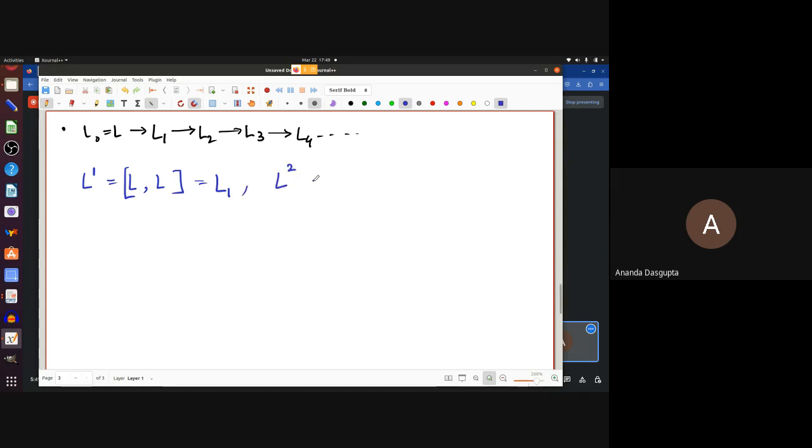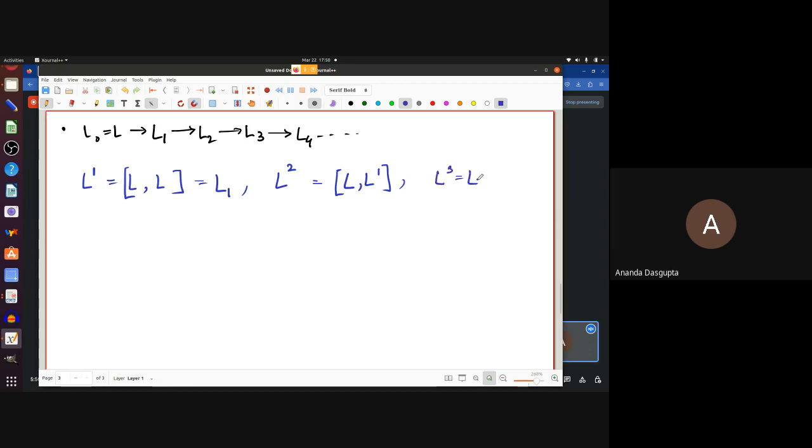L^2, L upper 2, is defined not as a bracket of L1 with itself, which is the derived algebra of L1, but a bracket of L with L1. So you're taking all possible commutators between all possible original L elements and L1 elements, and taking the span. That gives you L^2.